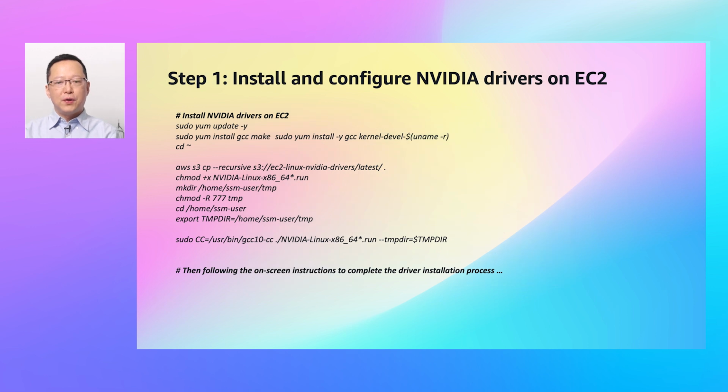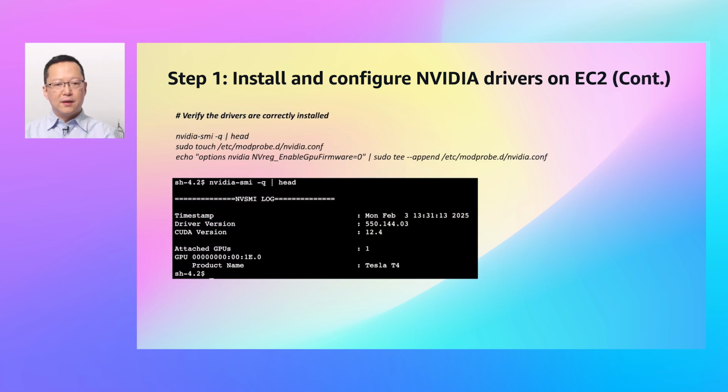First of all, we need to install and configure the NVIDIA drivers on EC2. To verify the NVIDIA drivers have been properly installed and configured on your EC2 instance, run the nvidia-smi command as shown in this slide.